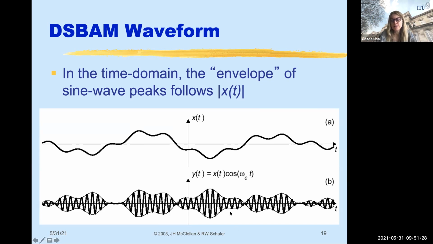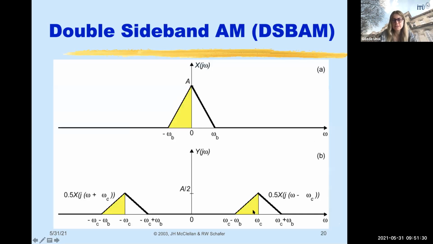This would be the amplitude modulated signal, and in the spectrum representation, my input signal, let's say it had a band limited form like this, would be shifted to plus omega c and minus omega c, and at half amplitude. This was A, now this is A over 2.